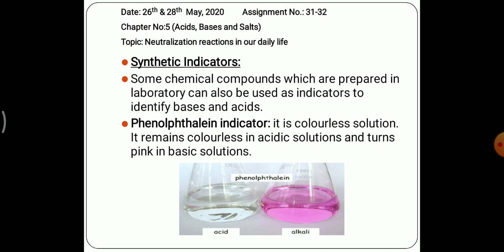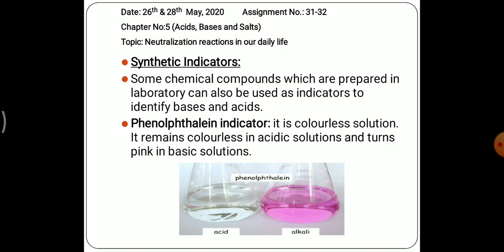In picture 1, a new word is given, that is alkali. What do you mean by alkali? It is nothing but bases which can dissolve in water. They are called alkalis, like sodium hydroxide. These are all examples of alkalis, bases which can dissolve in water. So what is the color of phenolphthalein indicator? It is colorless.